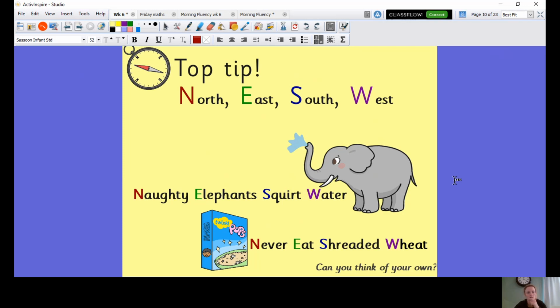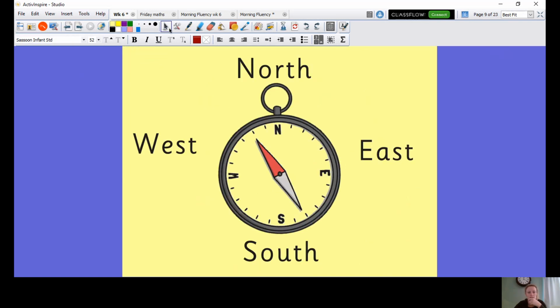But one thing to bear in mind, we always say them in this order. And the reason we say it in this order is if you imagine that this is a clock and 12 o'clock was at the top, and then it goes 1, 2, 3, and we go that way around the compass. That means we're going clockwise, so we're going the direction that the clock would.